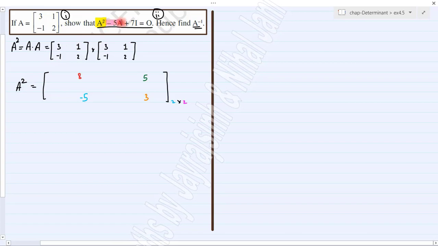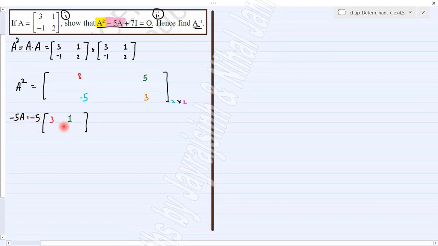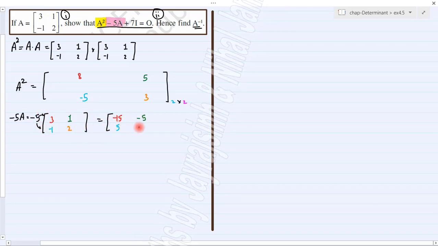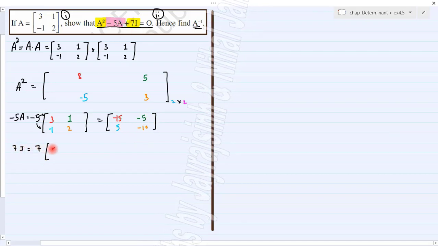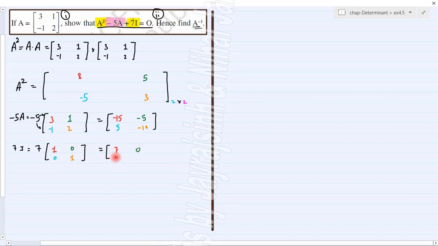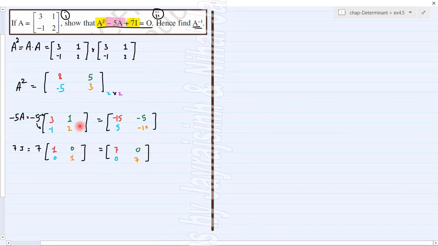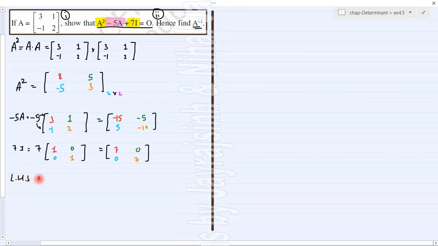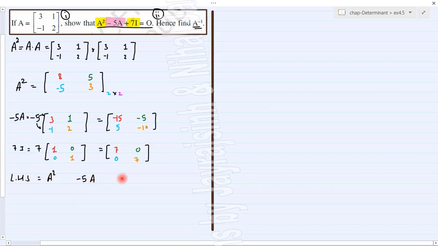Now let's obtain your second quantity, which is minus 5A. So we have to multiply minus 5 with each element of the matrix A. And your last quantity is 7I. We have to multiply 7 with identity matrix of order 2 cross 2. So we get all the elements to obtain our left hand side, which is A square minus 5A plus 7I.